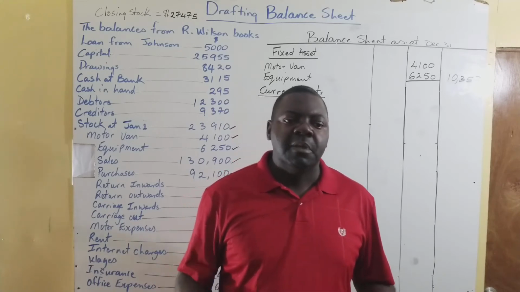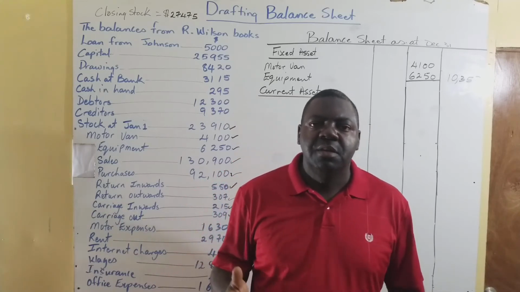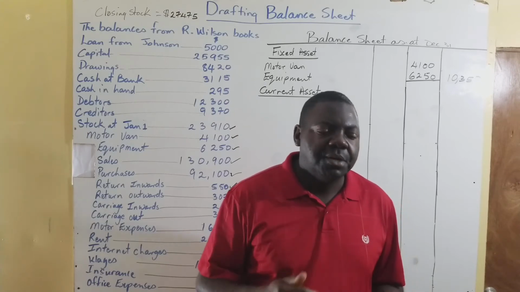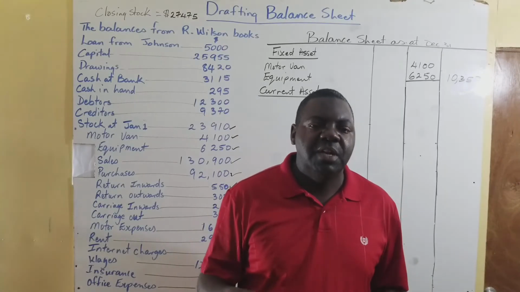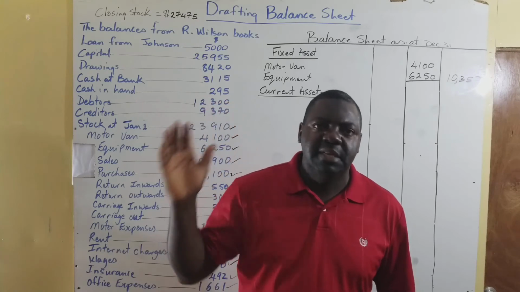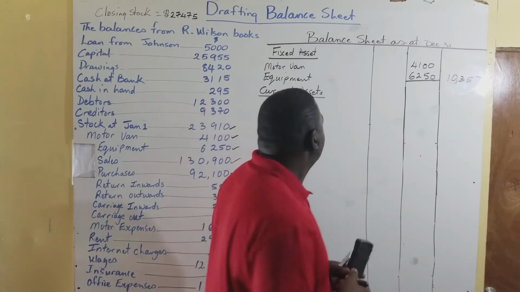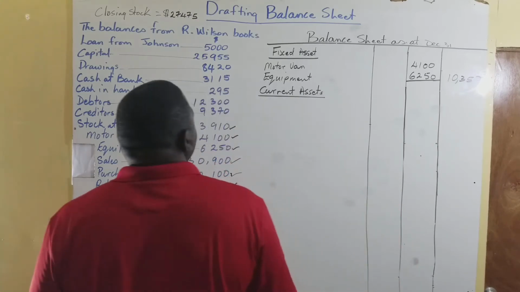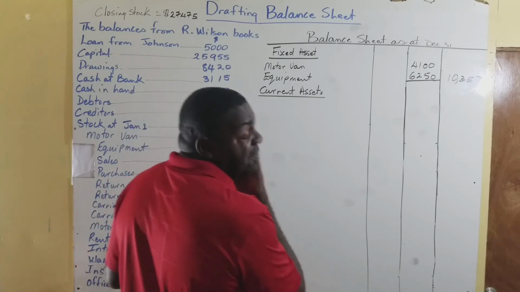Most times banks and so on record their balance sheet according to liquidity, so the liquid assets come first. But that's not the case here. We're doing it in terms of permanence or fixity.